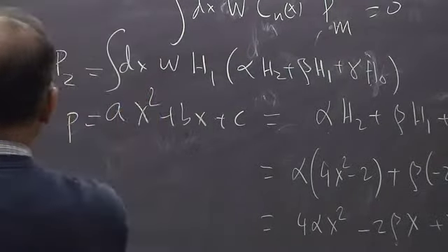This is a number. It may sound a bit strange because I'm writing it as dc1 by dx, but this is a number because c1 is linear, right? Similarly, this looks strange, but again s is quadratic, so this is a number. So all these are numbers, and I can take them out of the integral. What is left over is just this integral, but that integral is simply hn divided by kn, right?